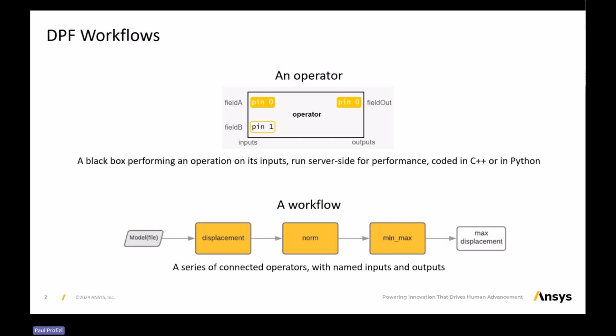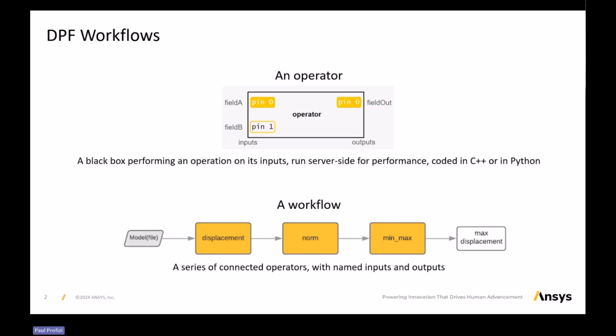Just to go back to basics, an operator in the DPF ecosystem is basically a black box with some algorithm in it or some operation it performs based on some inputs and gives it in its output pins. It runs server side for performance, so you can have PyDPF core on your local machine, discuss with a DPF server in your HPC cluster, and you're going to run the operators and the workflows on the HPC cluster.